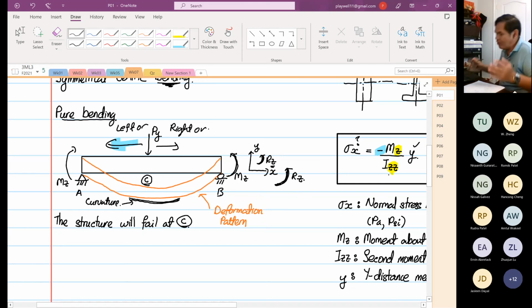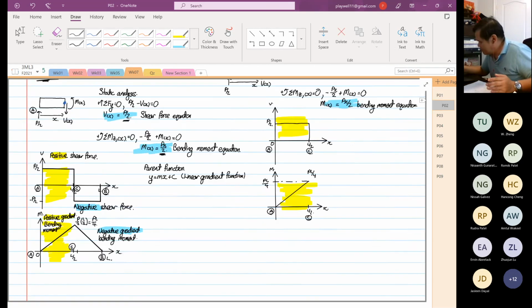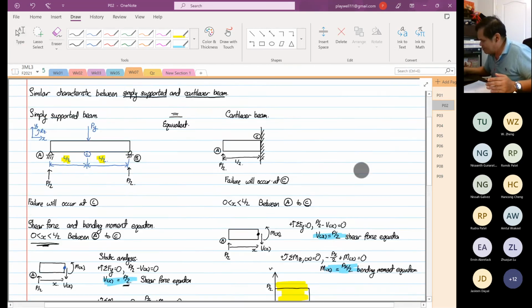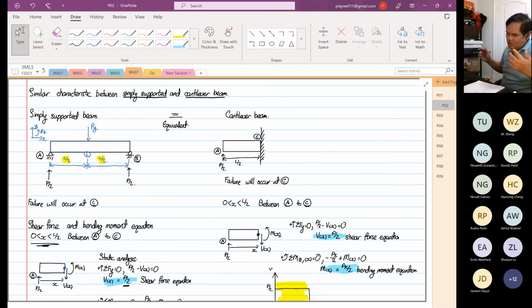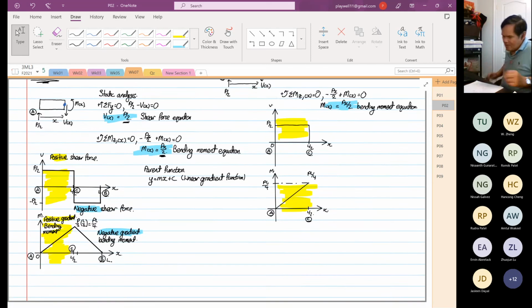You don't need to look at the whole thing because failure is at C and it's the same as a cantilever beam. I hope this helps. I know some of you have been doing this a lot, and you realize, why do we analyze half of it? Why don't we analyze the whole structure? This is the reason.